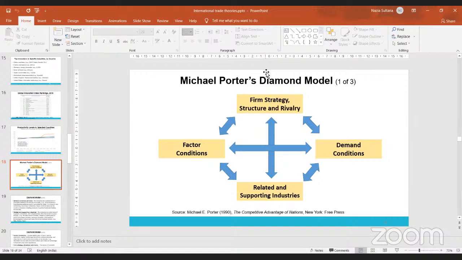Second, absolute advantage, given by Adam Smith, where he said, let countries concentrate on producing those items where they have the resources and a direct advantage in producing them, and let them not produce those for which they don't have resources, so that they don't have a direct advantage. Then came comparative advantage.